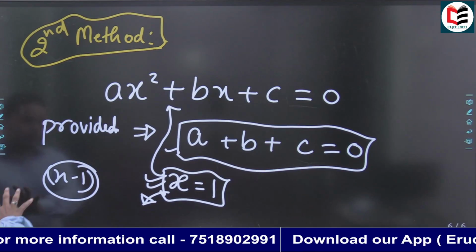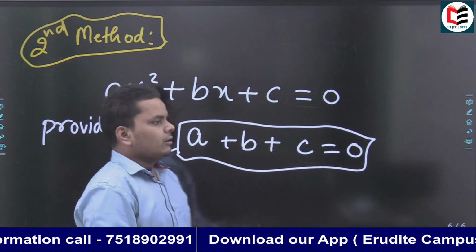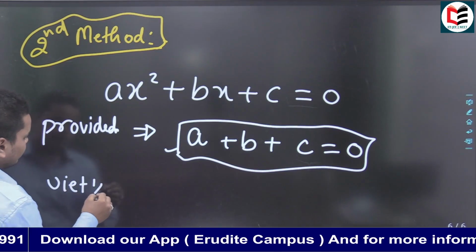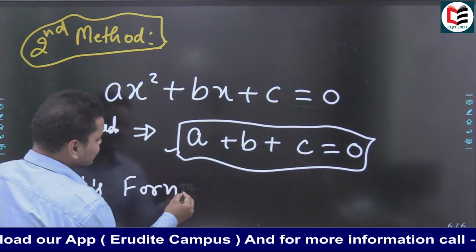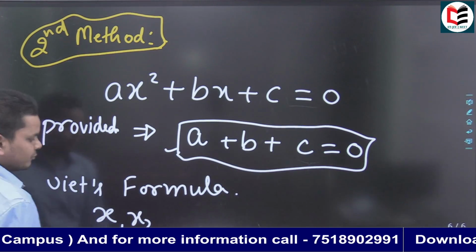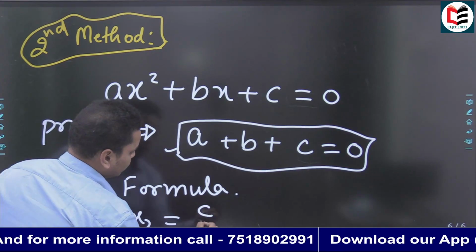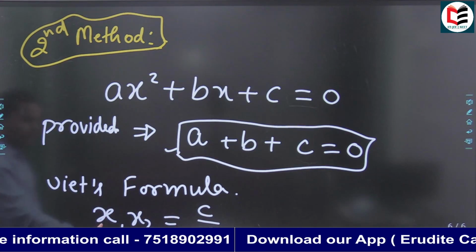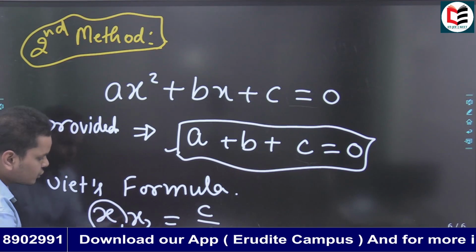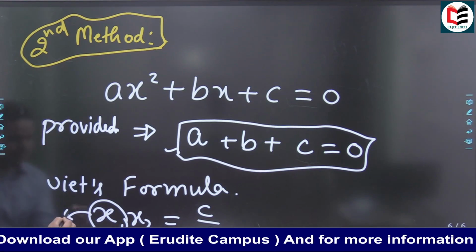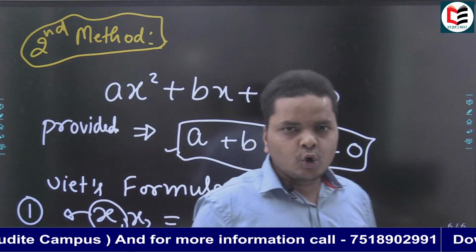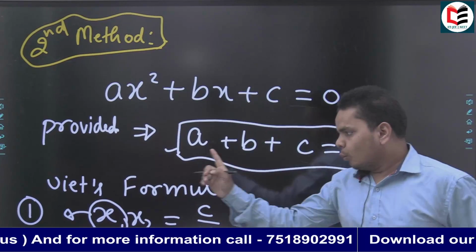Now I am going to explain a new formula, that is Vieta's formula. What does it say? It says that the product of the two roots x1 and x2 will always be equal to c by a, provided one of the roots must be equal to 1.